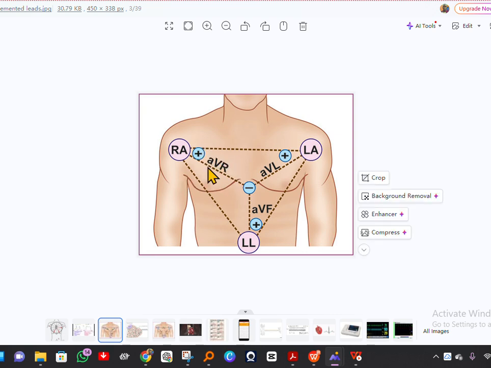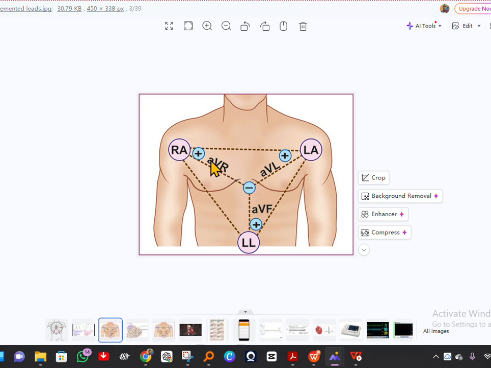To get AVR, augmented vector right, we are going to use the limb lead which is on the right itself. We leave it on the right. Then these two, we are going to combine them and put them on the negative terminal. And I told you when we combine them, we consider that the negative terminal is now in the middle of the chest, or in the middle of the heart.